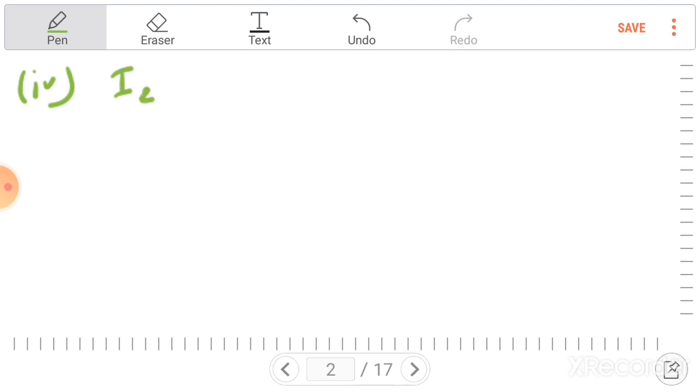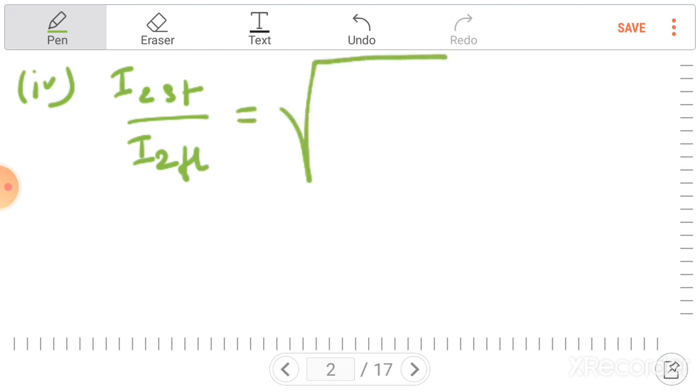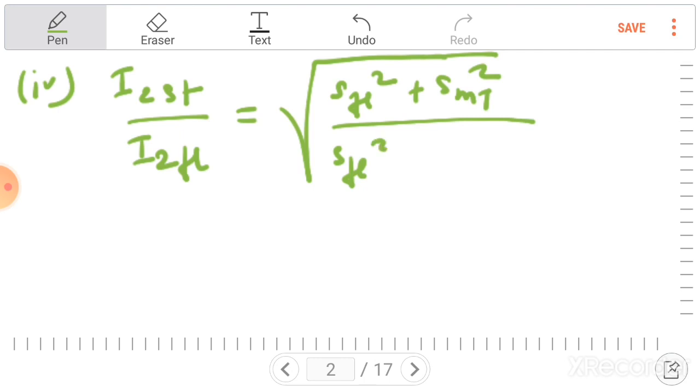I2 at starting divided by I2 at full load is equal to under root of (S at full load square plus S at maximum torque) whole square divided by (S at full load) whole square times (1 plus S at maximum torque square).